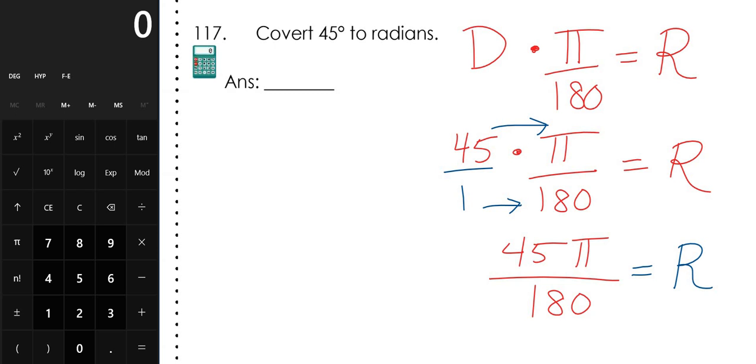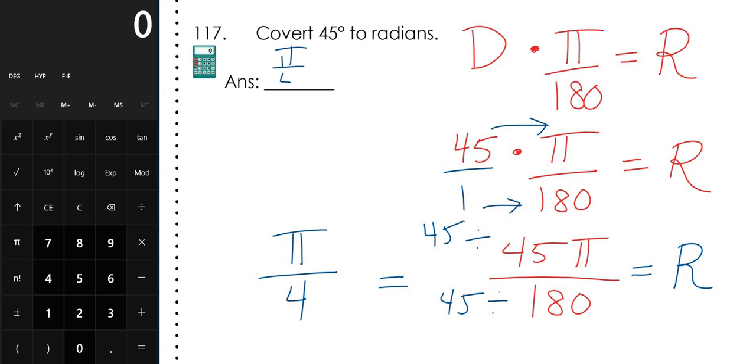And the answer is 45. 45 is a factor of 45 and 180. So divide both the top and the bottom by 45. And you're going to get pi over 4. So this is going to be pi over 4 radians.